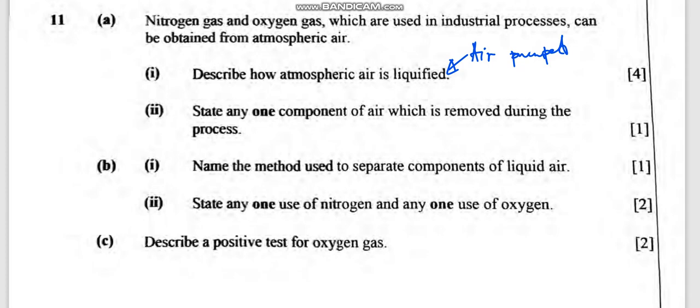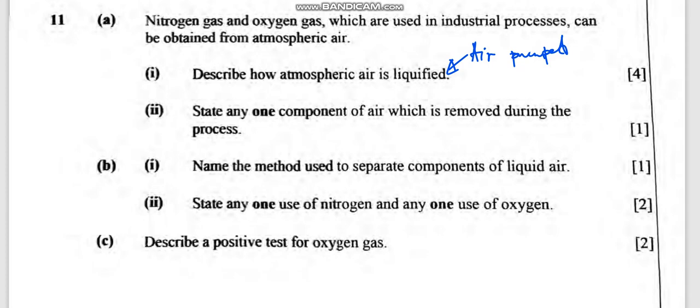Okay, and stage number 2. After the air is filtered, which means the air is now free from dust particles, because during the filtration process dust particles were removed in stage number 1, then in stage number 2, after the air is cleansed, the temperature is going to be reduced to minus 56 degrees.